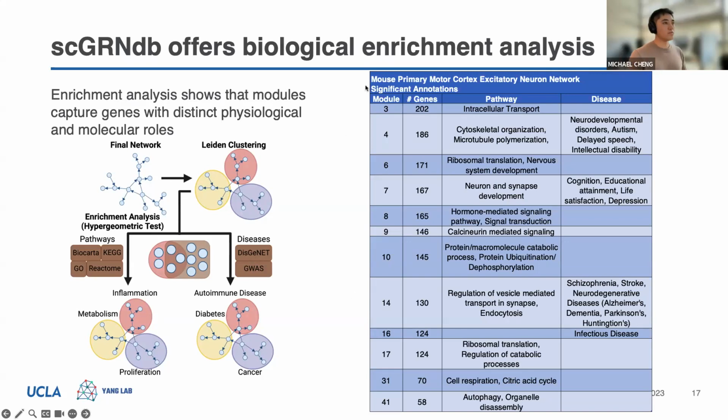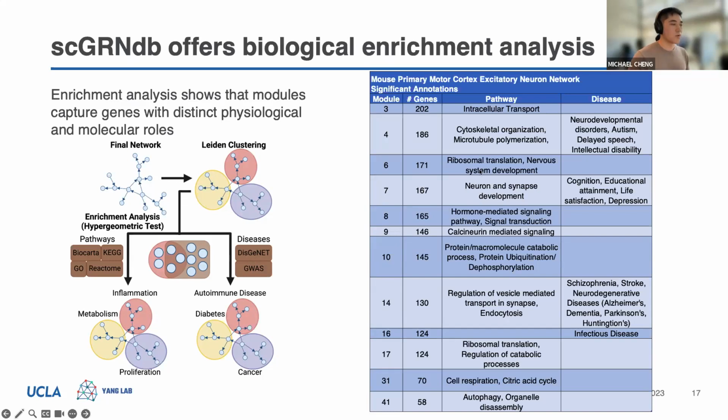Here's an example of one analysis we did with a mouse primary motor cortex excitatory neuron network. Here I have the module number, the number of genes in the module, as well as enriched pathways and diseases. We can appreciate that there are very distinct physiological roles with these different modules, and they are related to the function of the neuron as well.